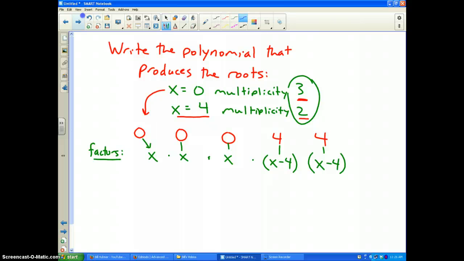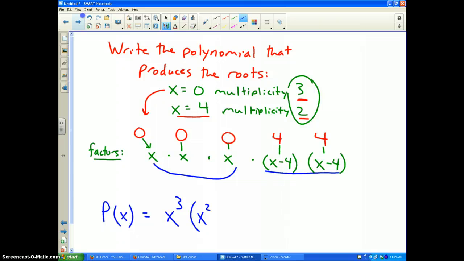I want to find out p of x. Well, we all know x times x times x is x to the third. Now I've got to FOIL that. Well, when I FOIL that, I'm going to get x squared, and then I'm going to get minus 8x, and then I'm going to get plus 16.